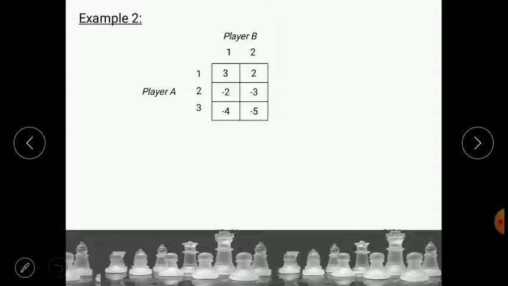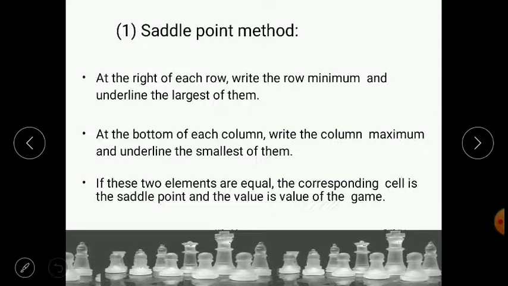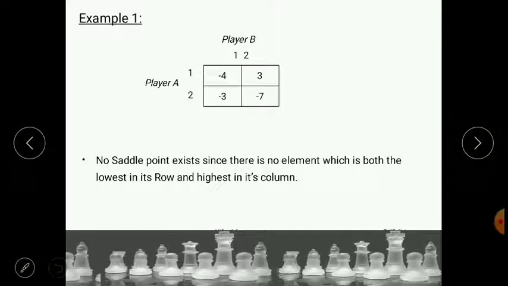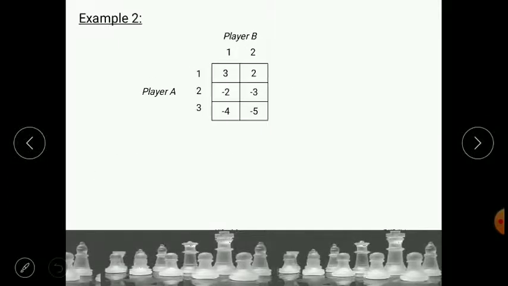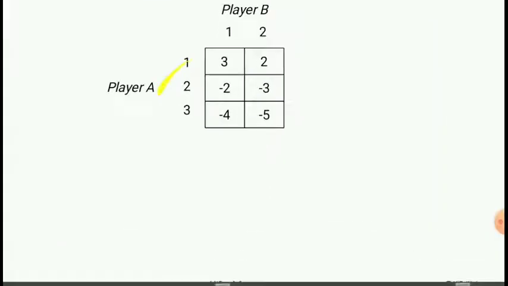So the basic point here is how to find a saddle point. Now if you go back and check the rule for the saddle point again, it is the row minimum and column maximum. That is what we have to focus on in our current example.